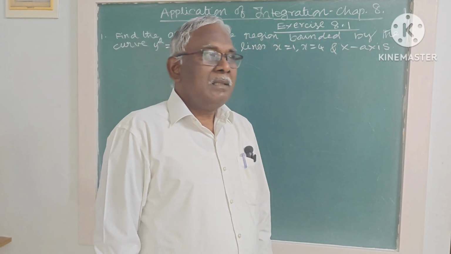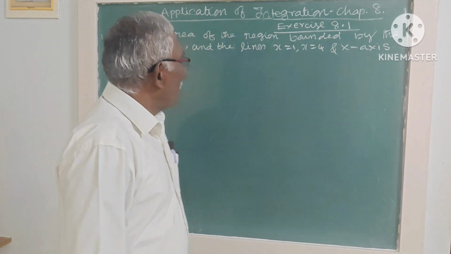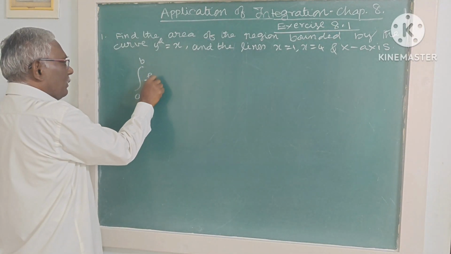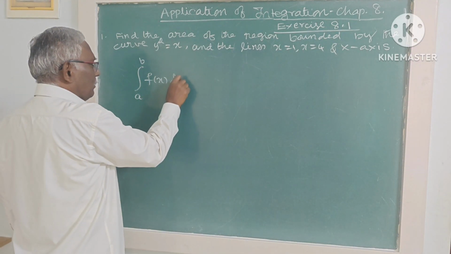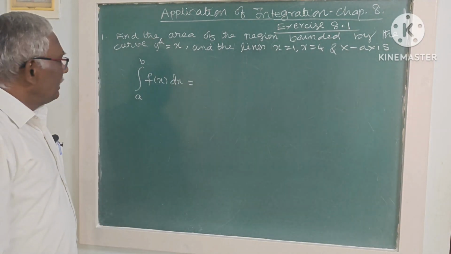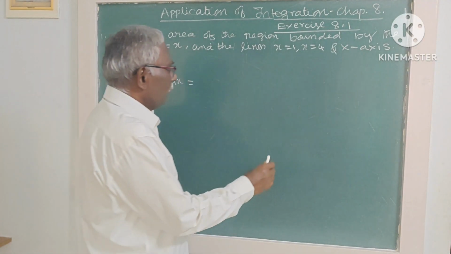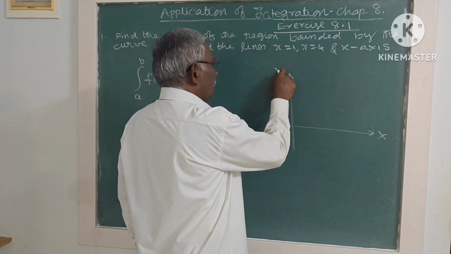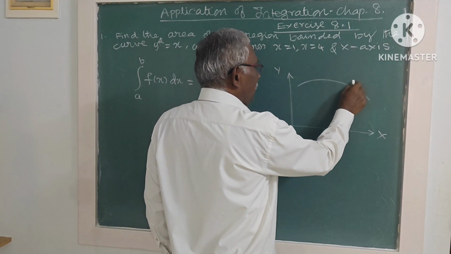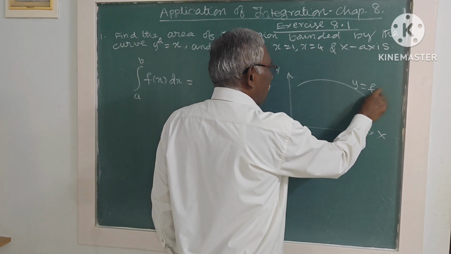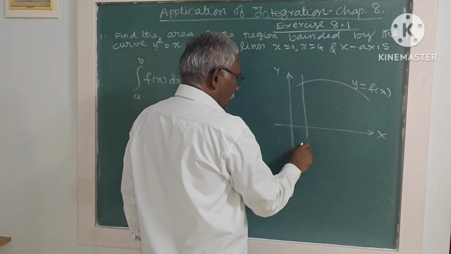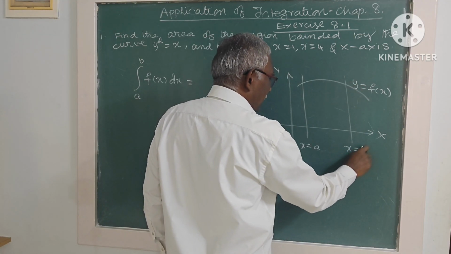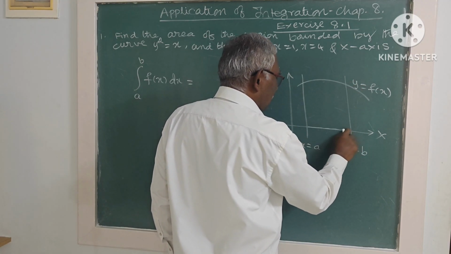So we know that the definite integral from a to b of f of x dx gives the area of the region bounded by the curve y is equal to f of x and the line x is equal to a and the line x is equal to b and the x-axis.